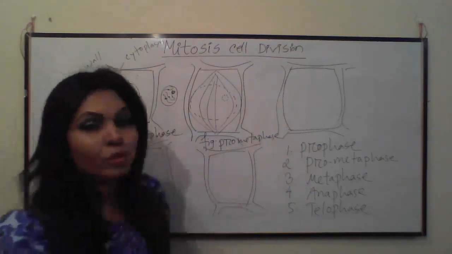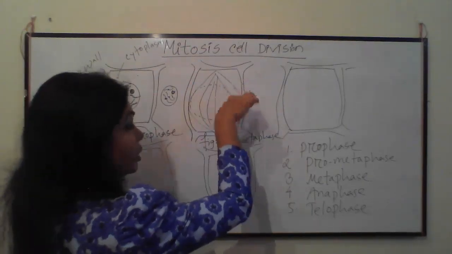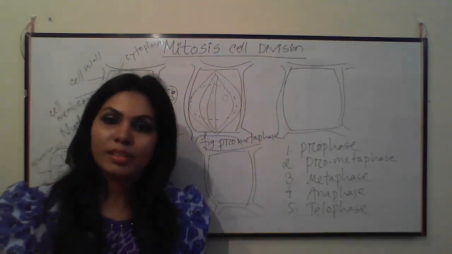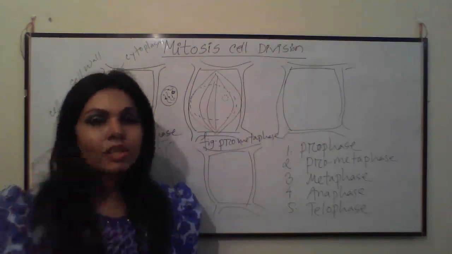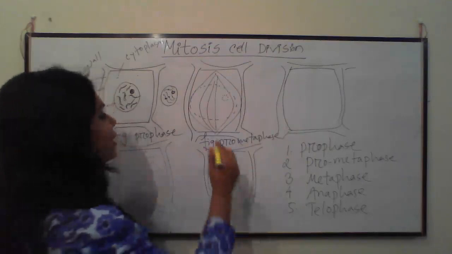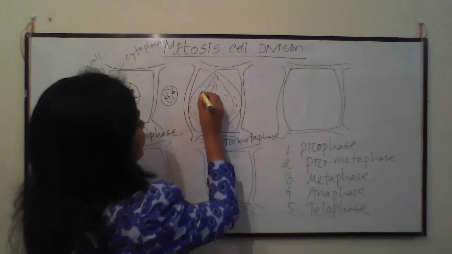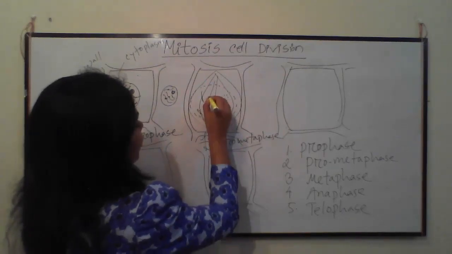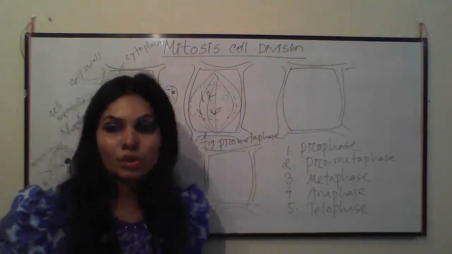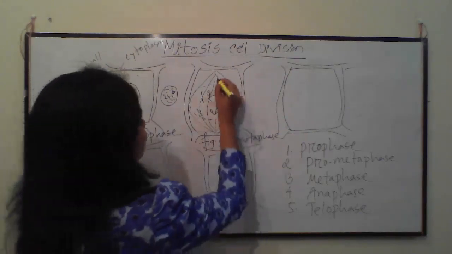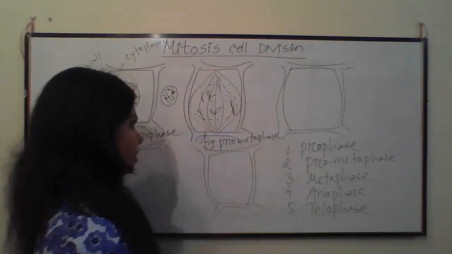So here the nuclear membrane and the nucleolus almost disappear, and the spindle apparatus is already made due to the accumulation of protein fiber of the cell, and the sister chromatids are attached to these spindle fibers. I don't know if it is clear or not. So by this way, these are the spindle apparatus.